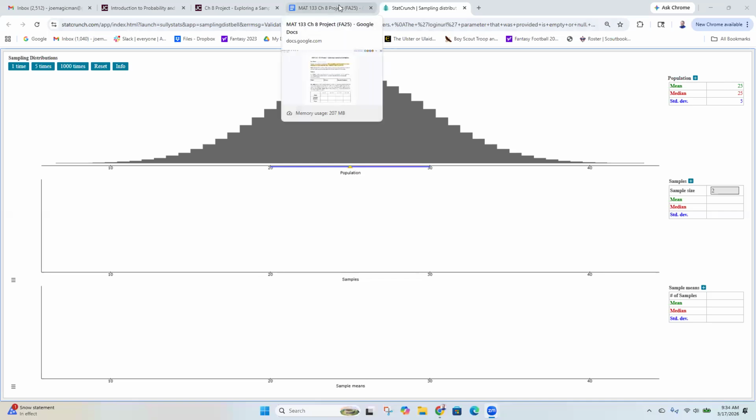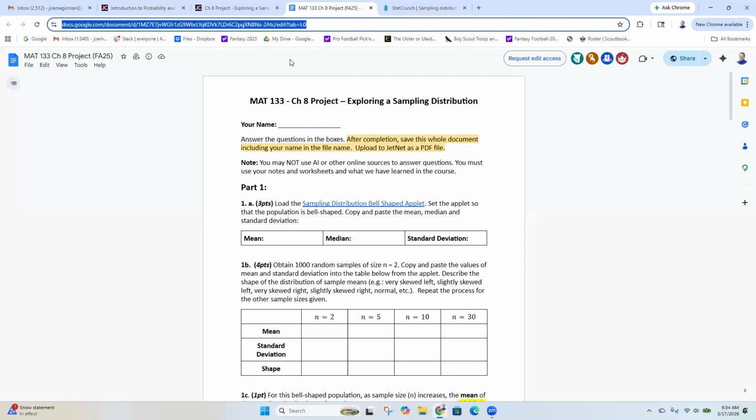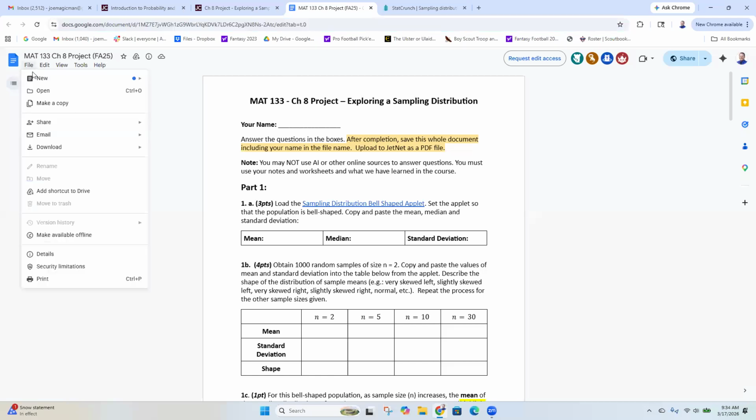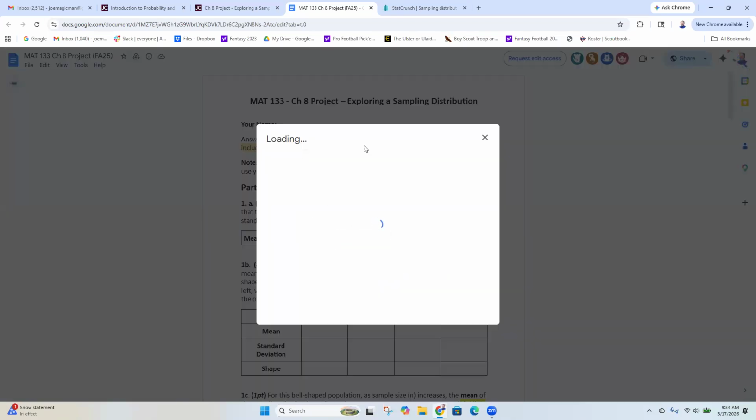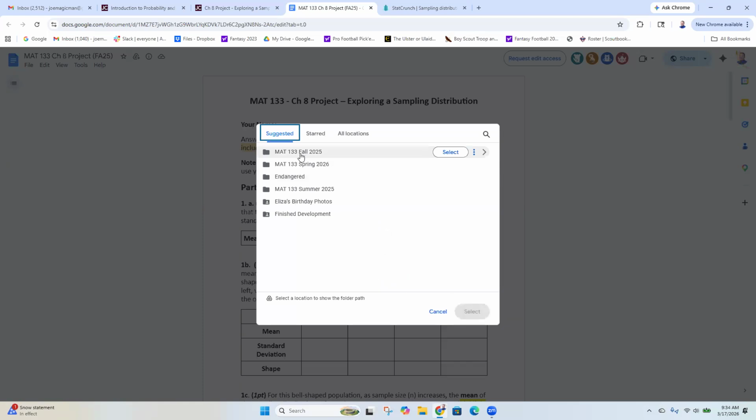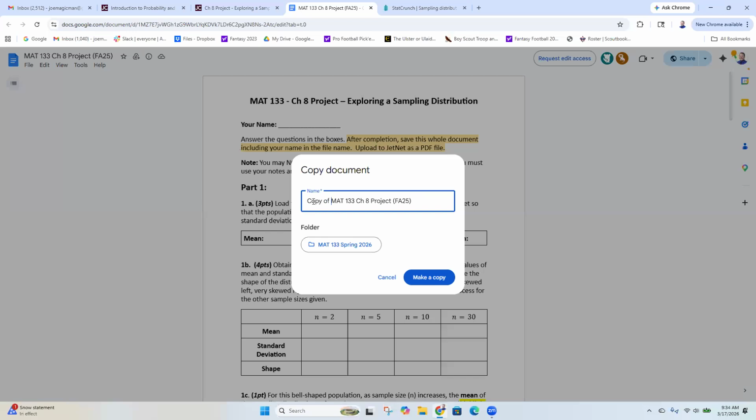Let's start with our Google document and we'll hit File, Make a copy. I'm going to save this in my Spring folder here. I'm going to change the name of it because it's Spring 2026.